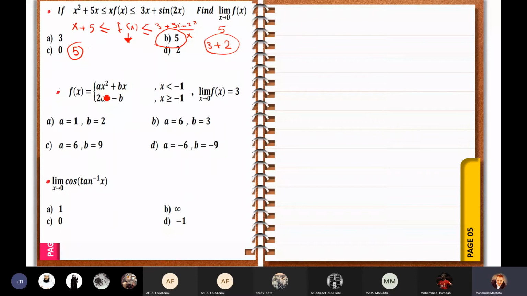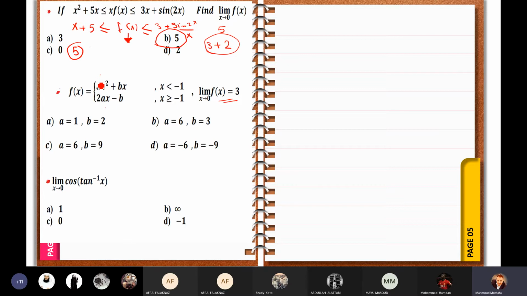F of x equals ax squared plus bx when x is less than or equal to -1, and 2ax minus b when x is greater than or equal to -1. The limit of f of x is equal to 3. It means from left and from right the limit must be equal to 3.